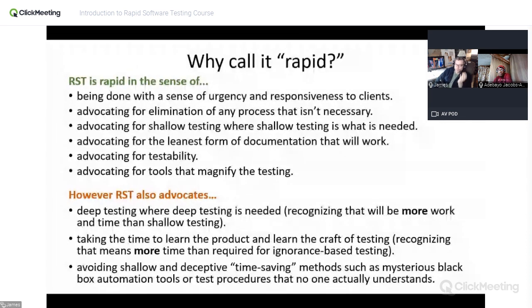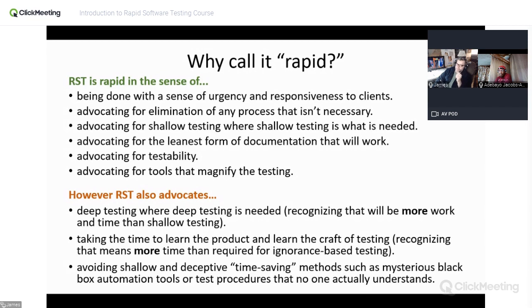So in that way, we can be as rapid as we can reasonably be. However, sometimes rapid testing is slower than other forms of testing because other forms of testing are irresponsible and are doing bad work. And of course, you can have really, really rapid testing if you say it's allowed to be very bad testing.